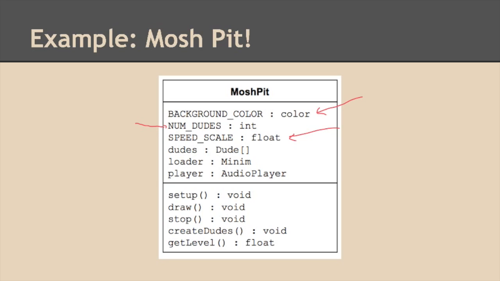That is a scaling constant that we'll use to multiply the song's level so that the concert goers move in an appropriately festive fashion. The other really important field that we'll have is our dude array. So that will incorporate some of the concepts we learned in Chapter 7. And then we'll have our audio assets, a loader and a player.